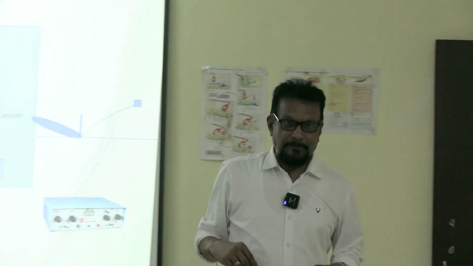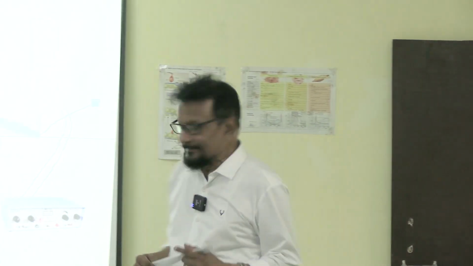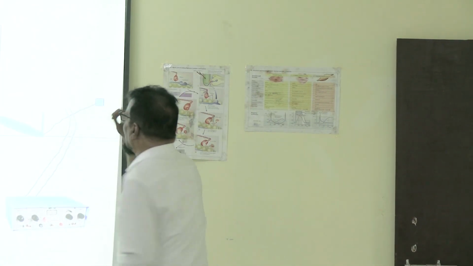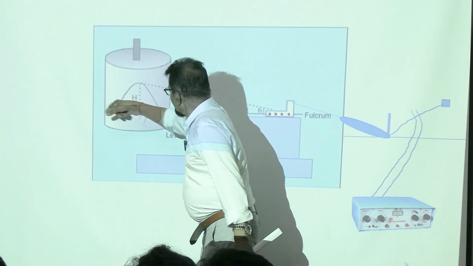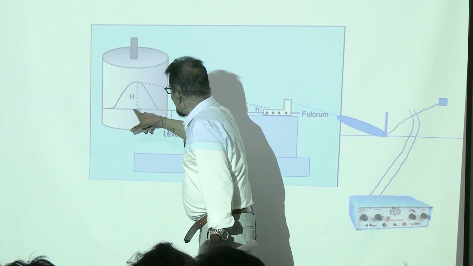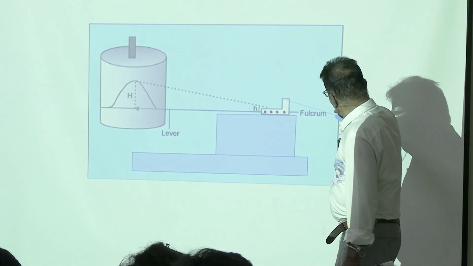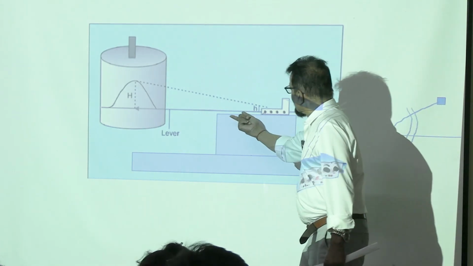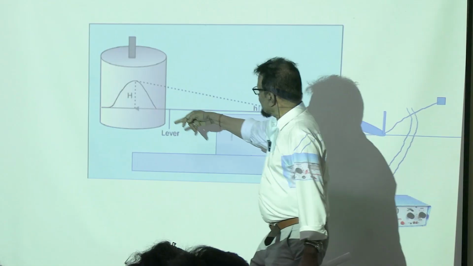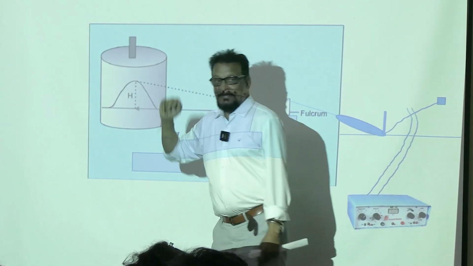So during the experiment, what is actually done, after it is over, the drum is brought to the midpoint, then here it is pushed upward, then this arc is made.